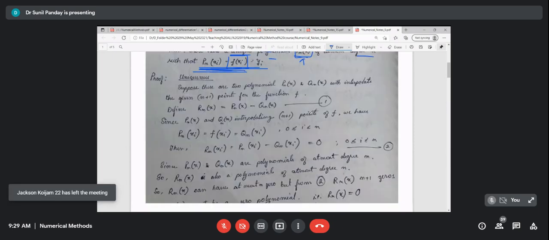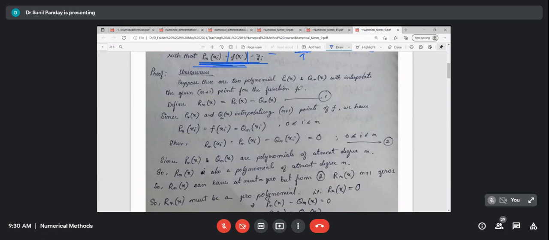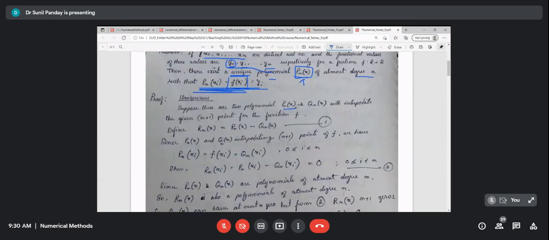Suppose there are two polynomials like this. First we are proving the uniqueness. If two of them exist and interpolate these n plus 1 data points, then we create another polynomial Rn(x), which is the subtraction of these two polynomials.